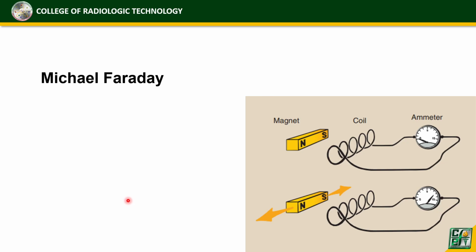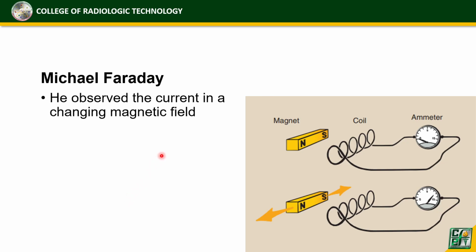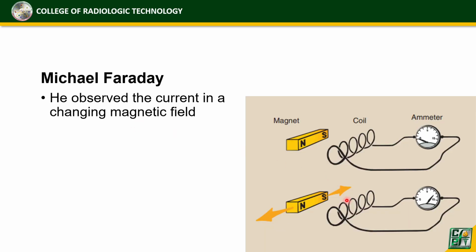Okay. Here comes Michael Faraday. Bukod sa siya ang nag-design ng Faraday cage, he observed the current in a changing magnetic field. Kung ito daw yung magnet, sabi natin, stationary, hindi siya nagpro-produce ng magnetic field.